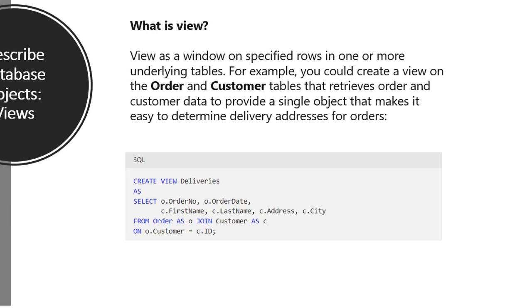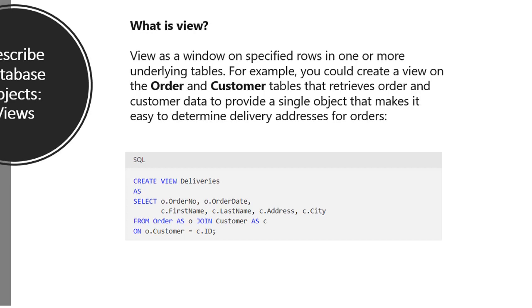So this view is basically used to simplify and customize some calculation part or some data from the tables. And that's the reason it takes data only from the tables, right? So we can look into this example. For example, you can create a view on order and customer tables, and that retrieves order and customer data.